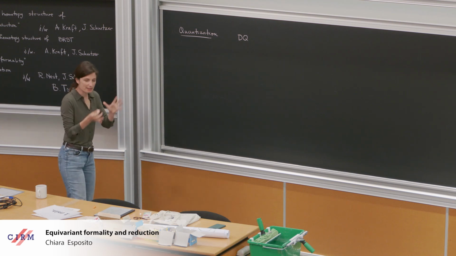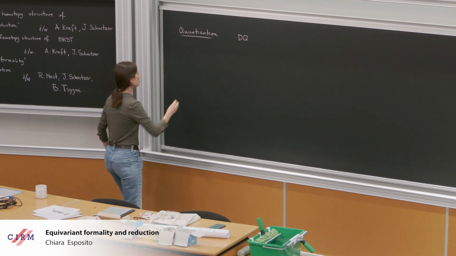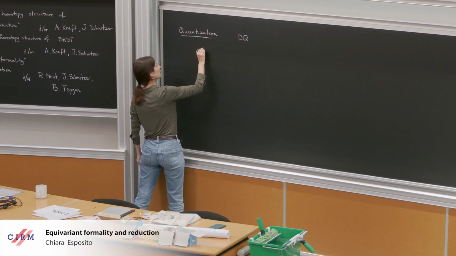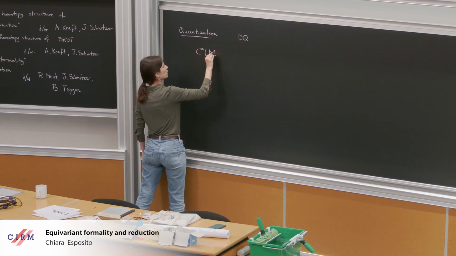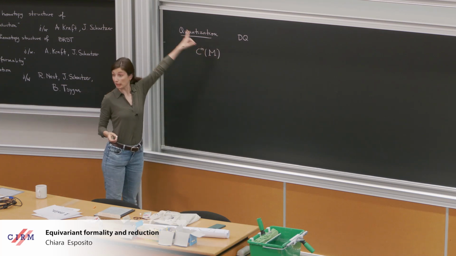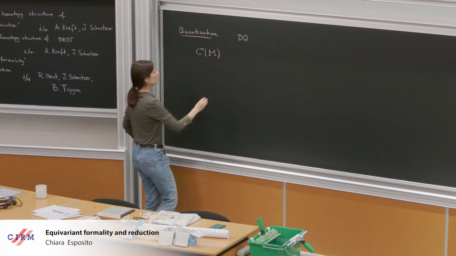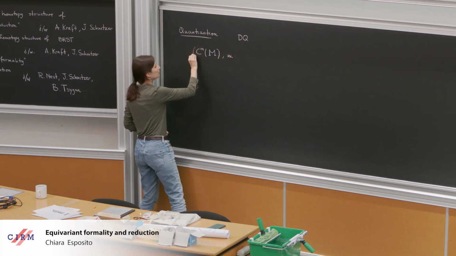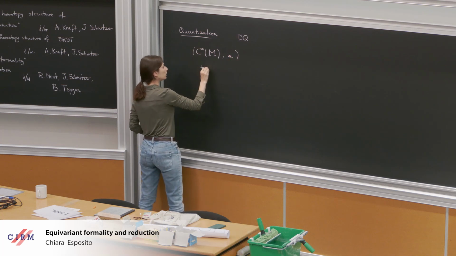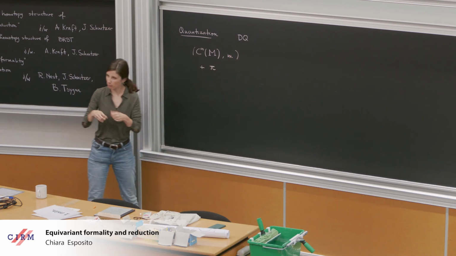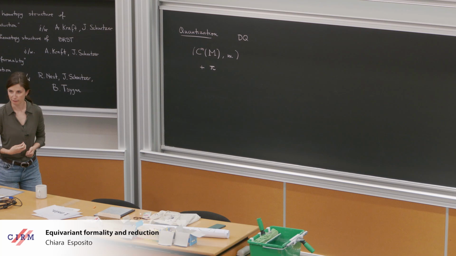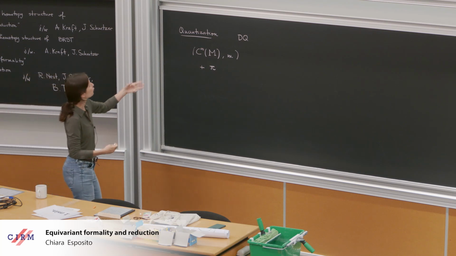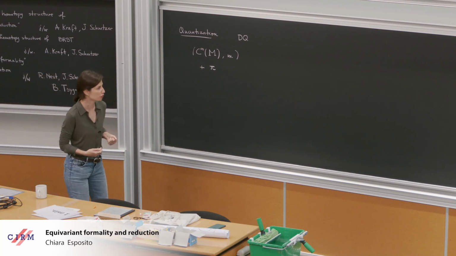Okay, but let's focus on the math point of view. So my classical algebra is what? Yes. Smooth functions on my manifold that, remember, was a phase space, with pointwise product. But also, don't forget, here we have more information. We have something that allows me to describe dynamics, the Poisson structure.